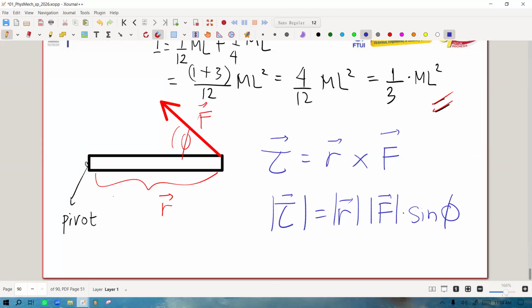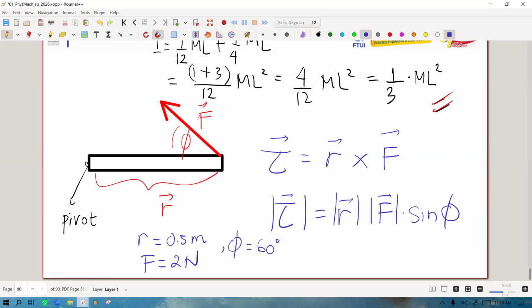For example, if the moment arm is 0.5 meters, the force is 2 newtons, and the angle is 60 degrees, we can calculate the torque.